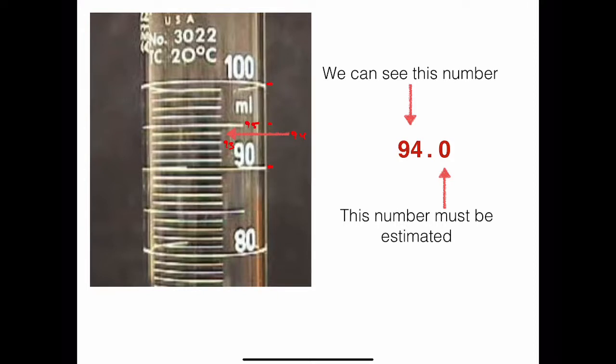That 0.0 is important because that is the number that I'm estimating. That is the last digit that I'm able to actually estimate. I can't go beyond that, because if I'm estimating 94.0, I can't say whether it's 94.02, 94.03, etc. So all I know here is that it's 94 and I'm estimating the 0.0.